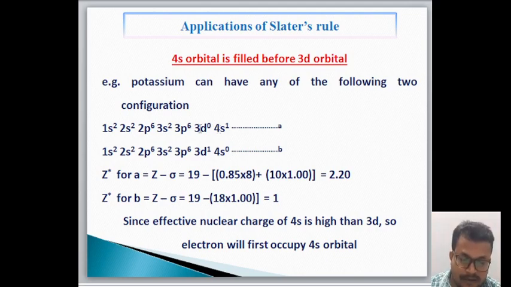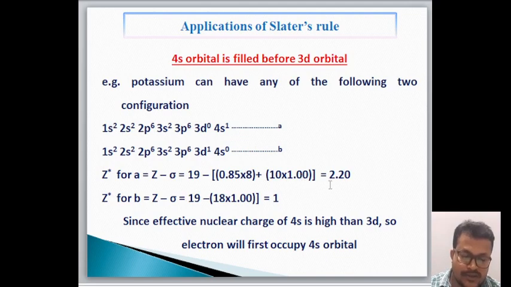From the group present in the n-1 shell, here n is 4, so n-1 means 3. In the third shell, 6 plus 2, a total of 8 electrons are present, so the contribution from that group will be 0.85 into 8. Then the contribution from the other groups' electrons will be 1, and a total of 10 electrons are present, so it will be 10 into 1.